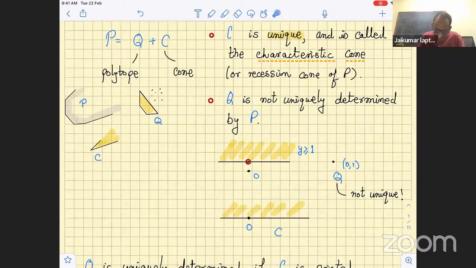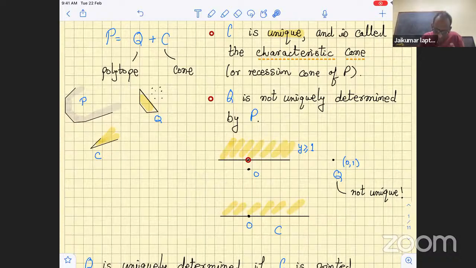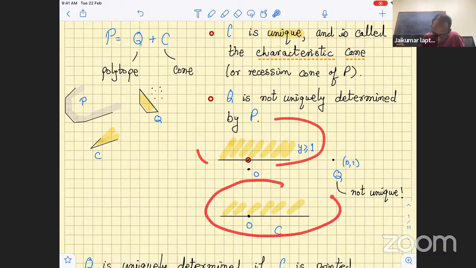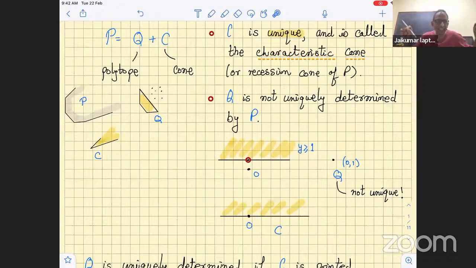But one can salvage something by a slightly deeper analysis of what is going on. It turns out that this problem arose because there was an entire affine space here, which was inside the polyhedron, or in other words, the cone contained a linear space, a subspace. The entire line was there.